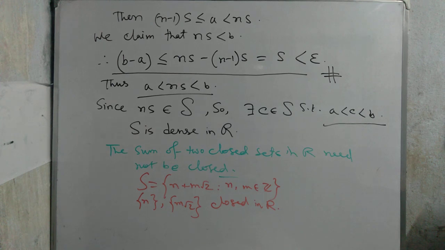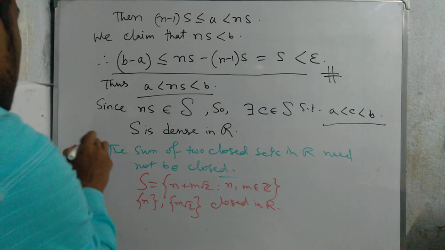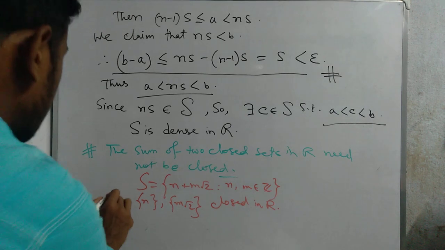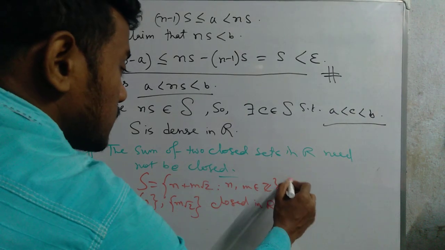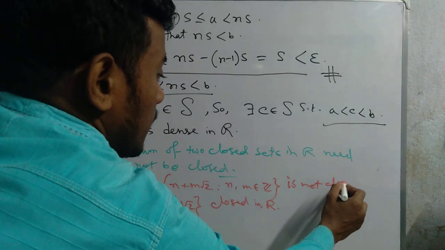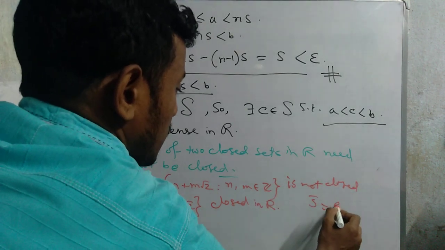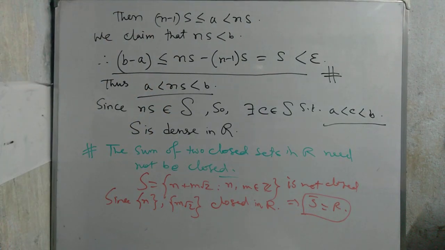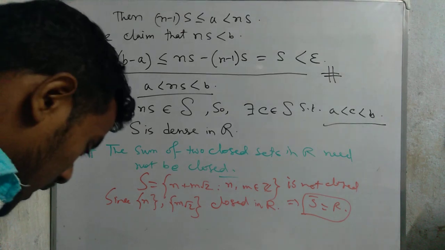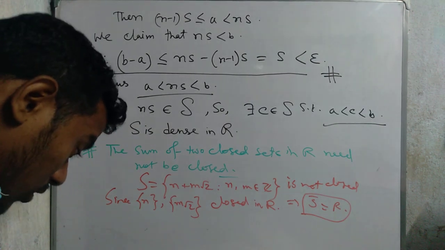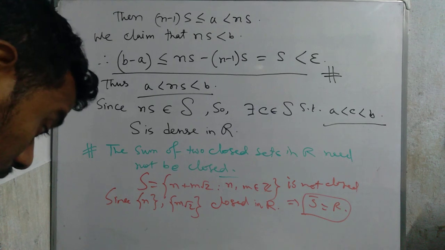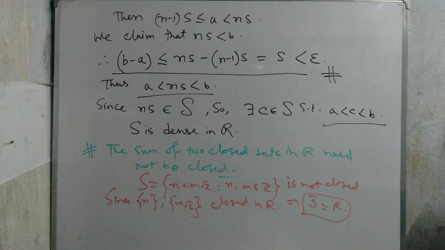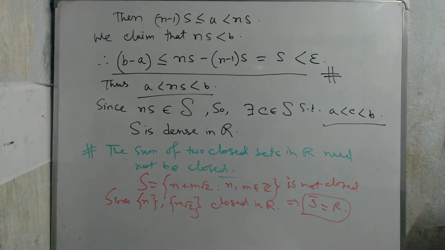Hence, as an important corollary, the sum of two closed sets in R need not be closed. Okay, now stop here.